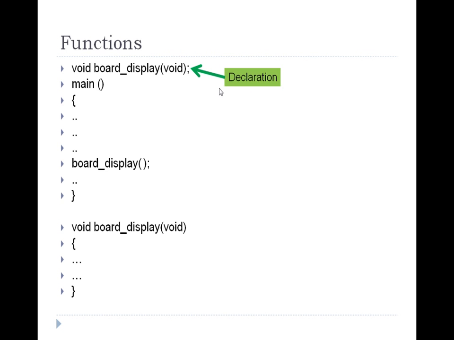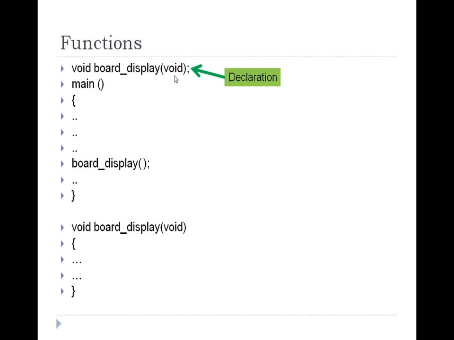A declaration is just telling the compiler that if you encounter something called board display, you don't get confused. Board display is implemented, and if you go below the main, you will find an implementation of board display.